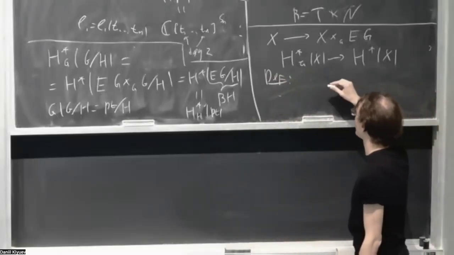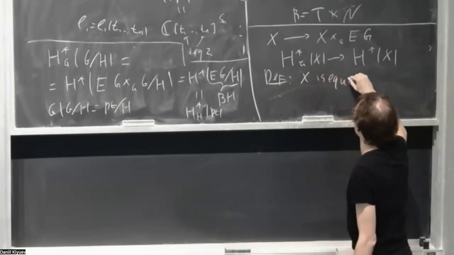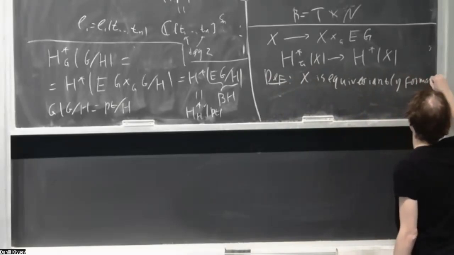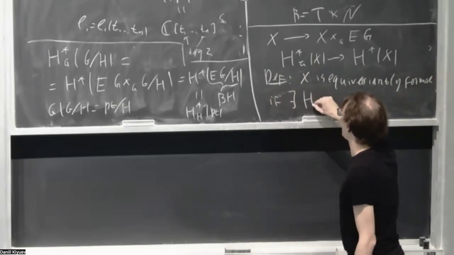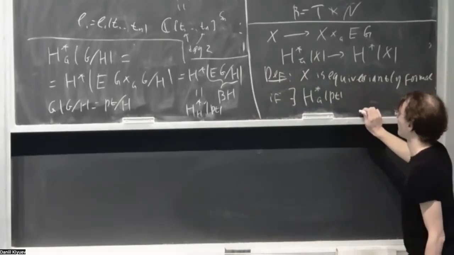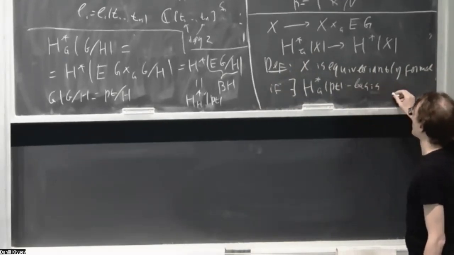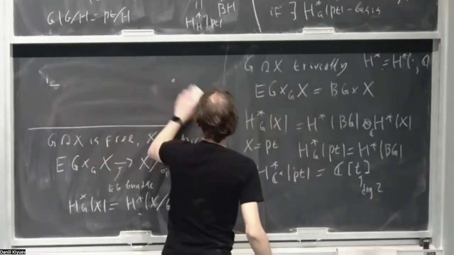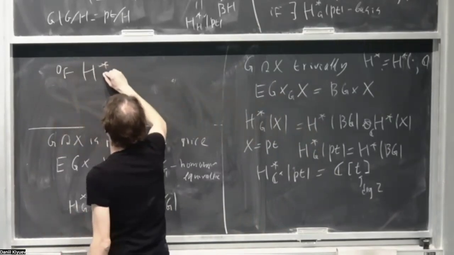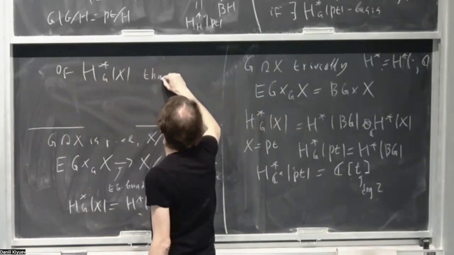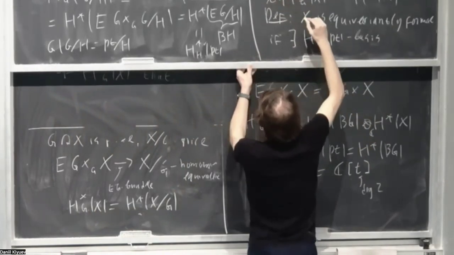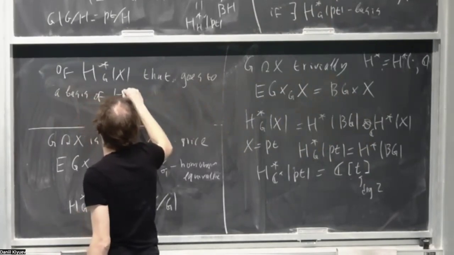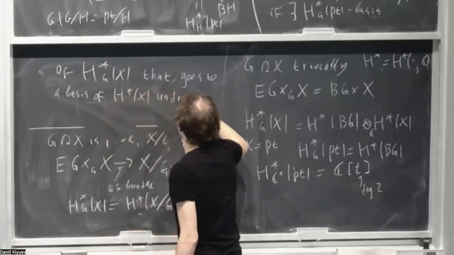What nice means in this context is as follows: X is nice if there exists a basis of the ring H star G of X that goes to a basis of H star of X under the pullback.